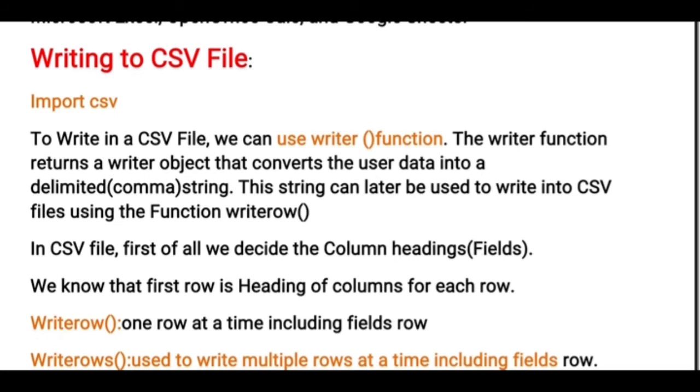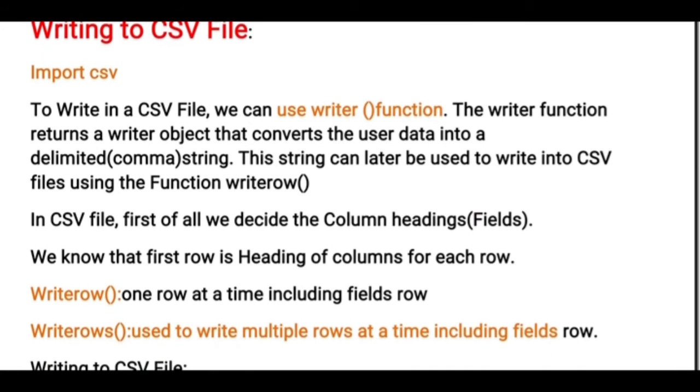So to write in the CSV file, we can use the writer function. We will do some programs also through which this particular function will become more clear to you. The writer function returns a writer object that converts the user data into comma separated strings.